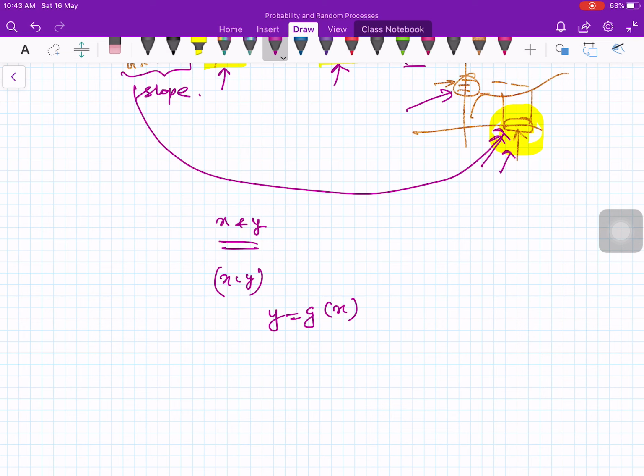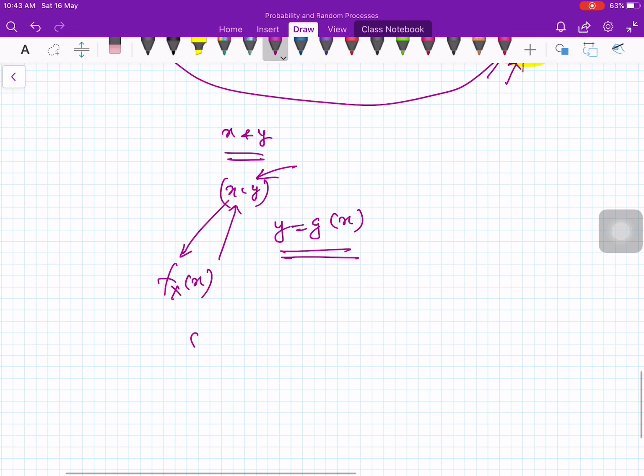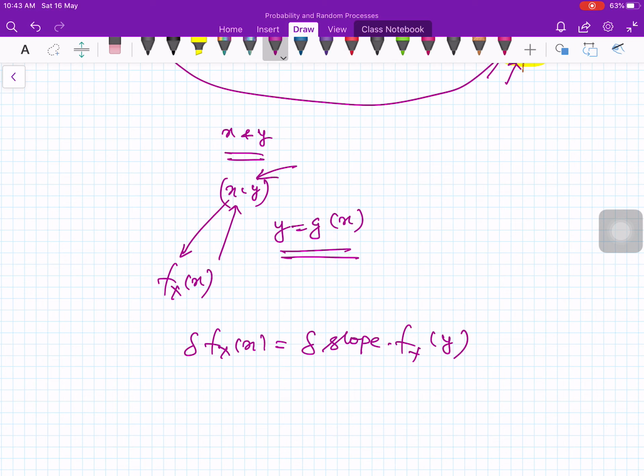If I fix an x and consider the corresponding y, then the densities at those x's and the corresponding y's will be related by equation number 1. So that formula is delta times fx of x equal to delta times the slope times fy of y.